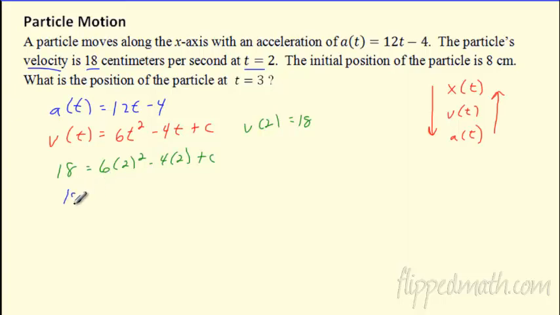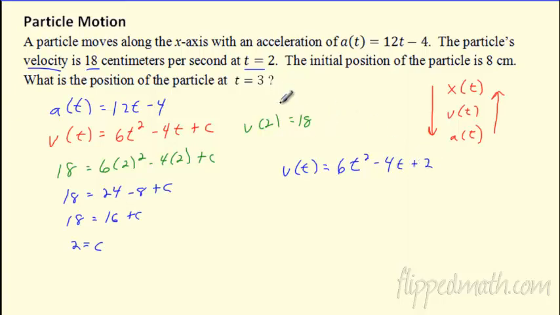So this is going to be 18 equals 2 squared is 4 times 6 is 24 minus 8 plus that c. 24 minus 8 is 16, so c looks like it is 2. So now I know my velocity function is negative 6t squared minus 4t plus 2. So there is the velocity function.